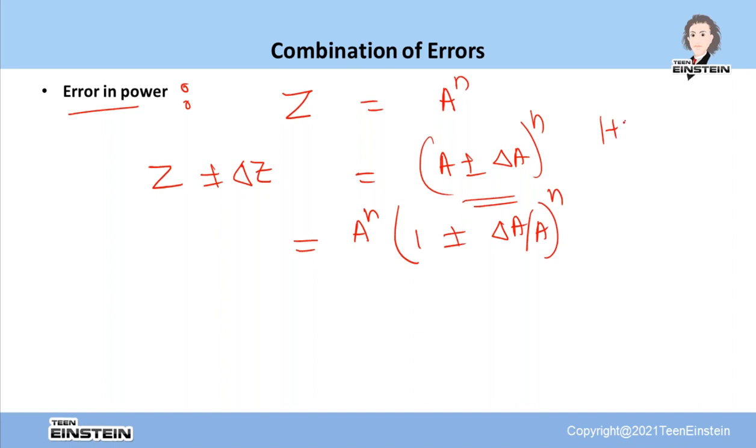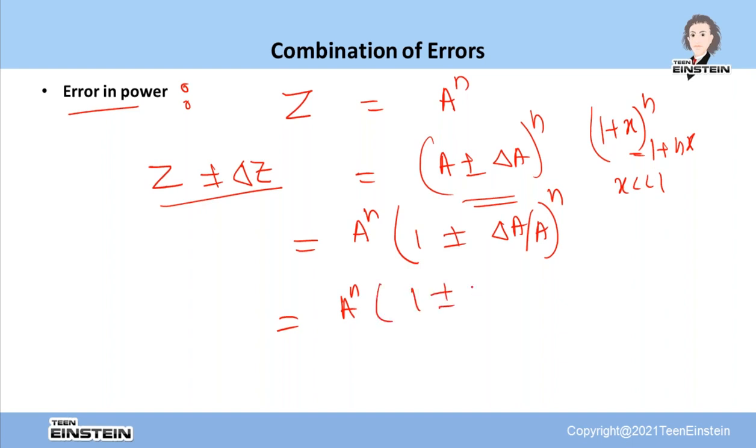If I just make the same approximation which I have told already, where x is much less than 1, you can write 1 plus nx. So same thing I'm going to do here. So this is a to the power n, and then it is plus or minus n into delta a by a.